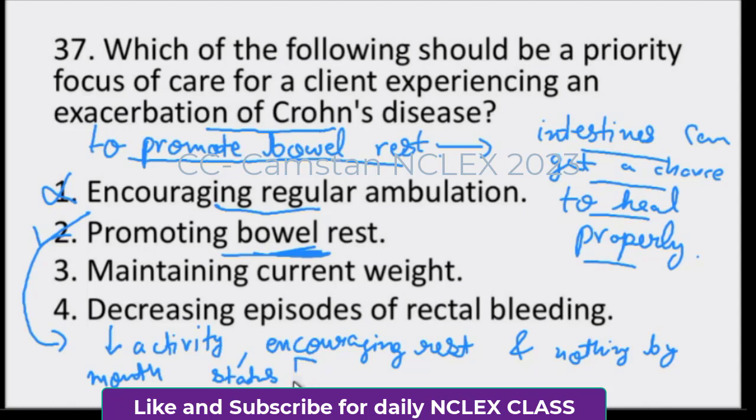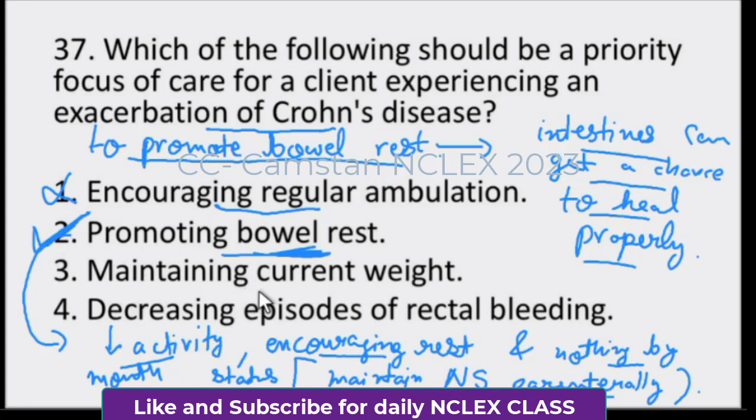But one thing that we have to keep in mind is maintaining his nutritional status, and it is done parenterally, right? So this is how we promote bowel rest by decreasing activity, encouraging rest, and putting our client on nothing by mouth status, but maintaining his nutritional status parenterally, right? So second option is correct so far.